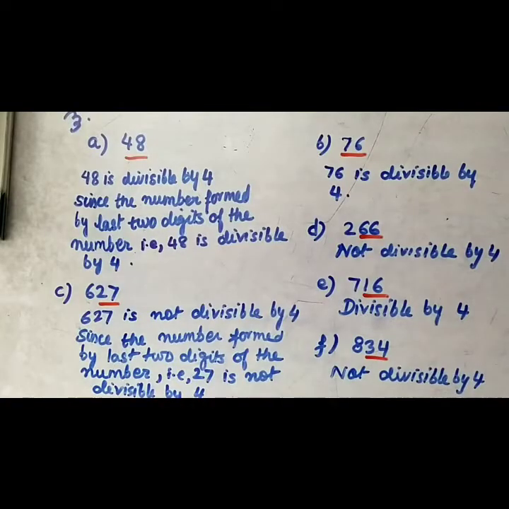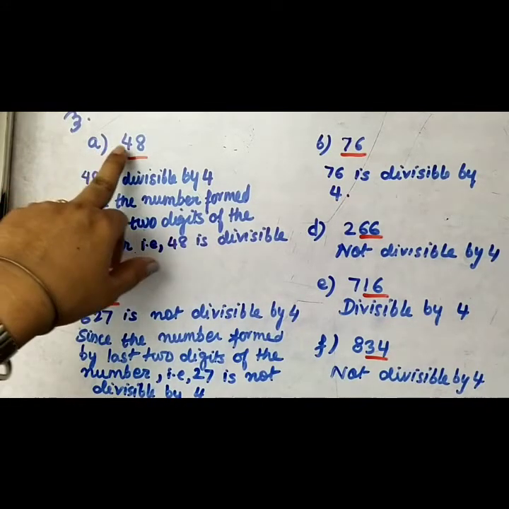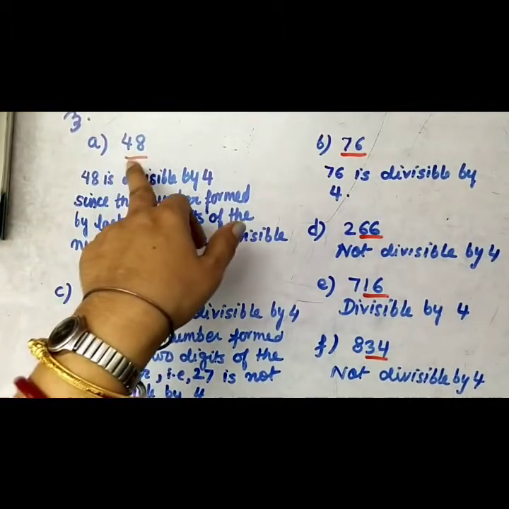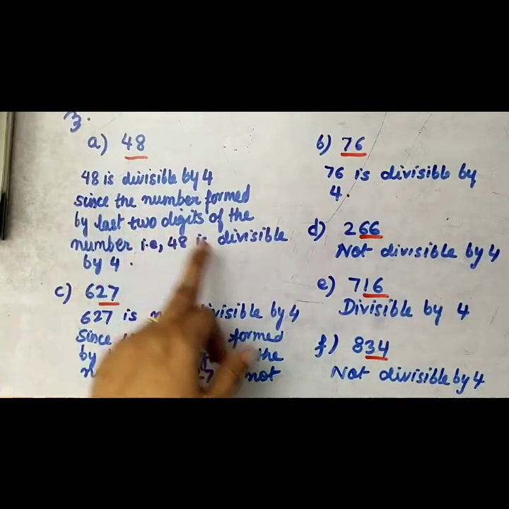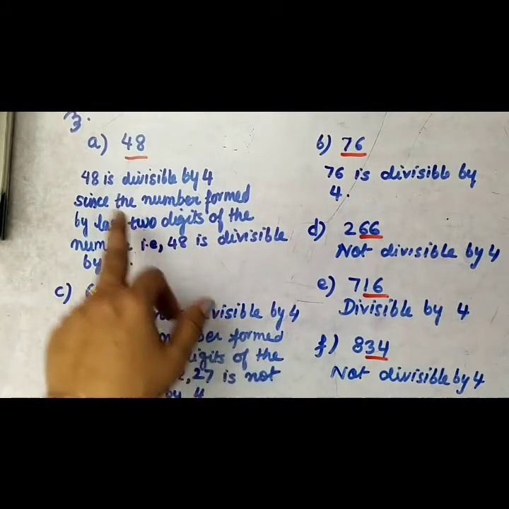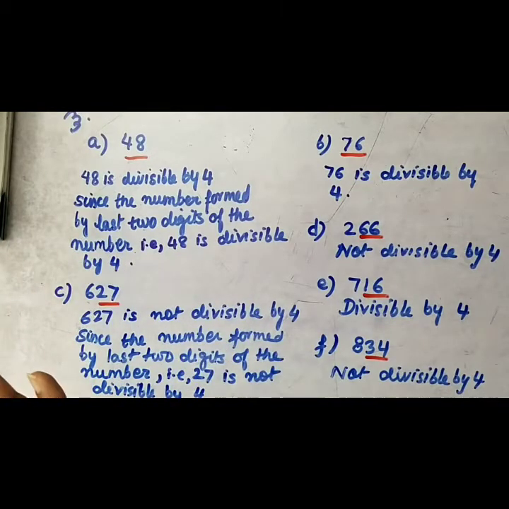Now see students, for that you need to observe the tens and ones place. तो ये जो 2 digit का number है, इसमें तो आपको tens and ones place ही है. That is why we are looking at 48. So here you are getting that 48 is divisible by 4. So the whole number is divisible by 4.